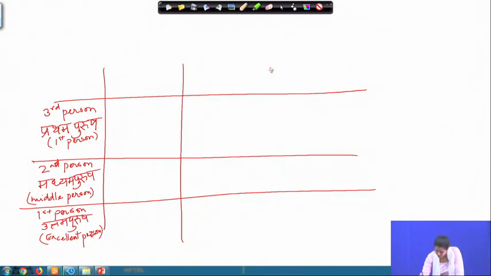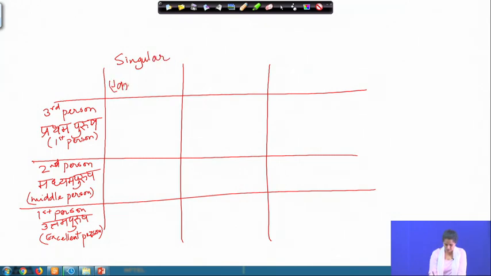And then the other grid that we have is this. It is the numbers. Okay. So first you have the singular, known as the Eka Vachanam. Then you have the dual case or the dual form, which is, you guessed it, Dvivachanam.